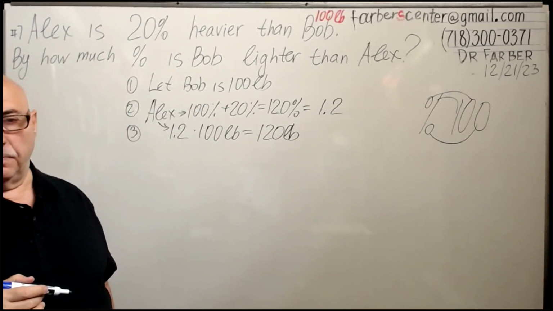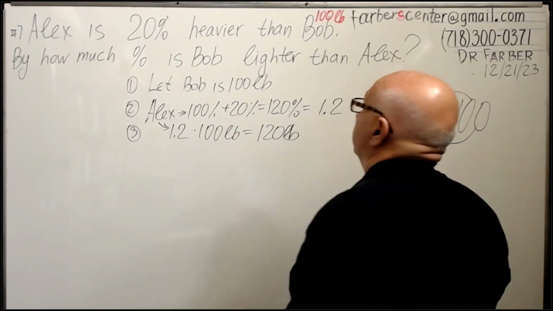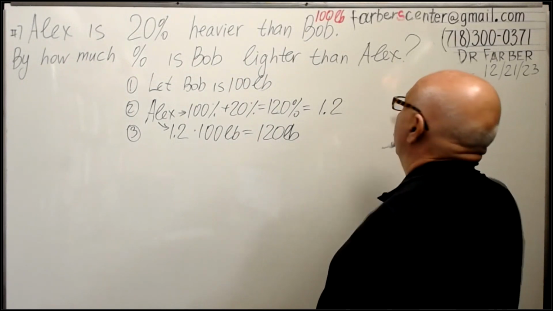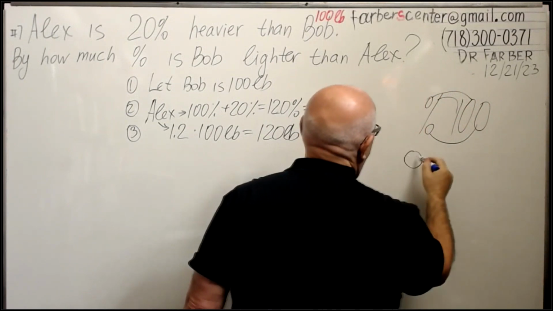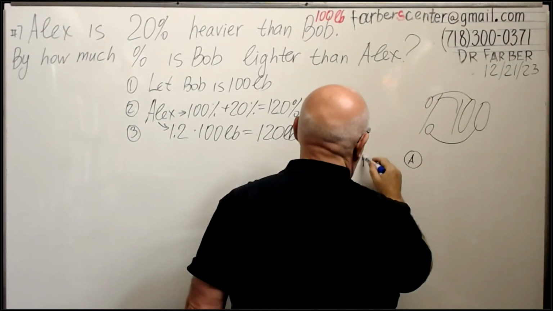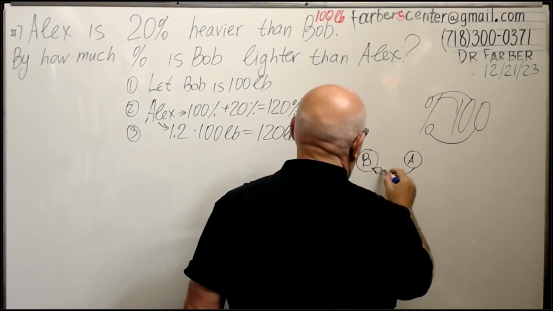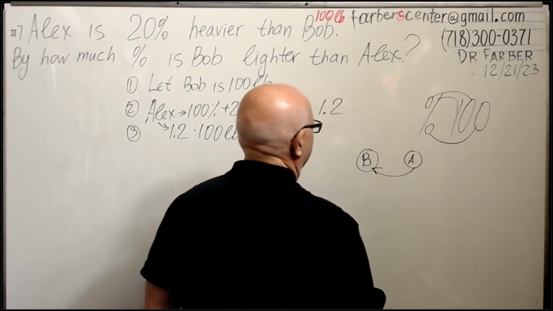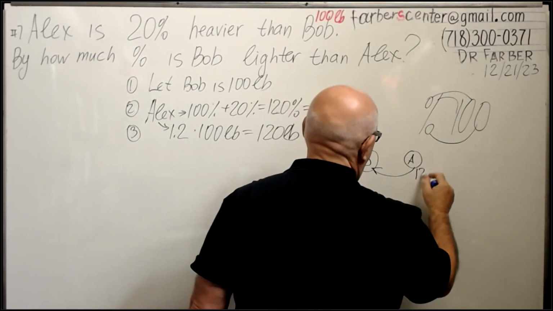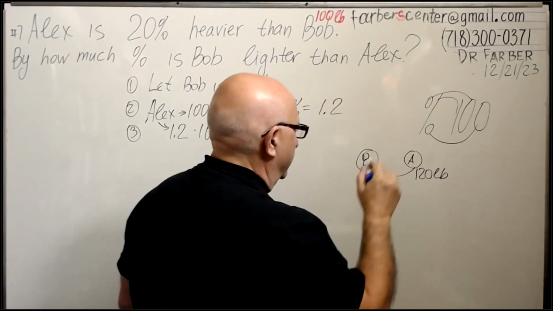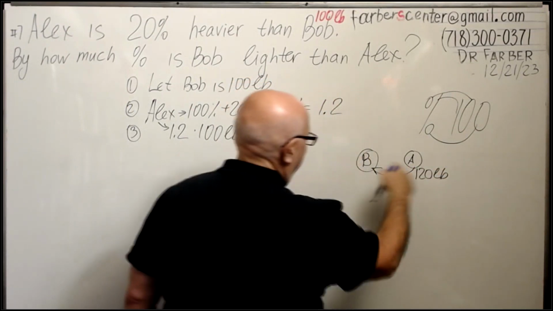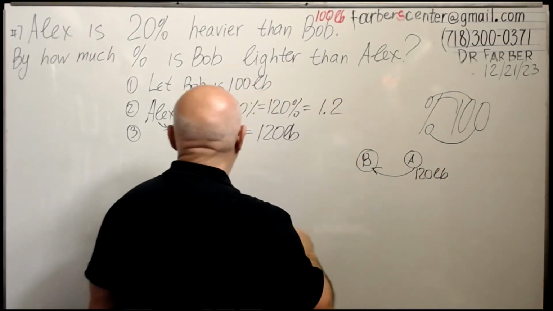Now, keep in mind, we compare Bob to Alex. This is Alex, and this is Bob. And we go from Alex to Bob. Alex is the base, and what we know is he is 120 pounds. He is the base because we go from this initial point. Very important.